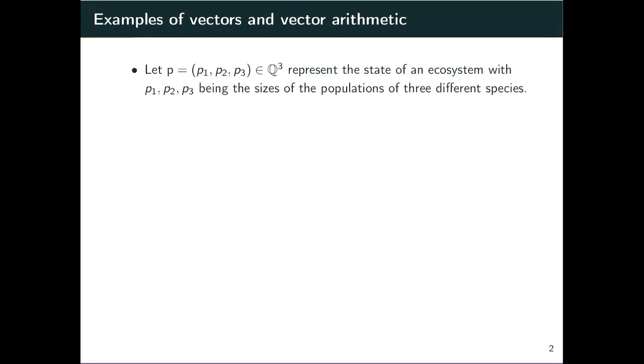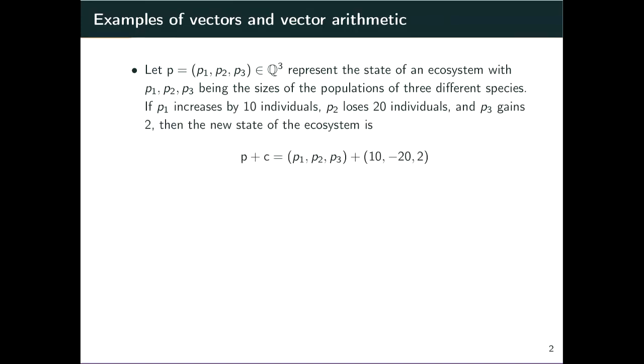Okay, so we didn't get to this stage. We're going to look at some examples. Let P be a vector in Q3, and it's going to represent the state of an ecosystem, with P1 up to P3 being the sizes of the populations of 3 different species.